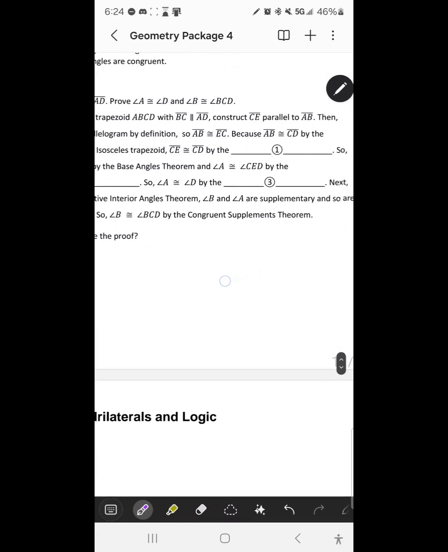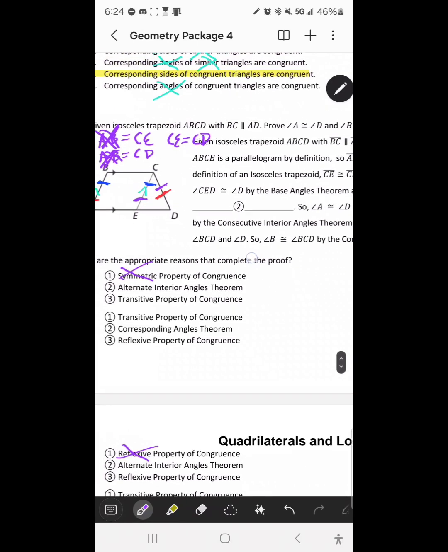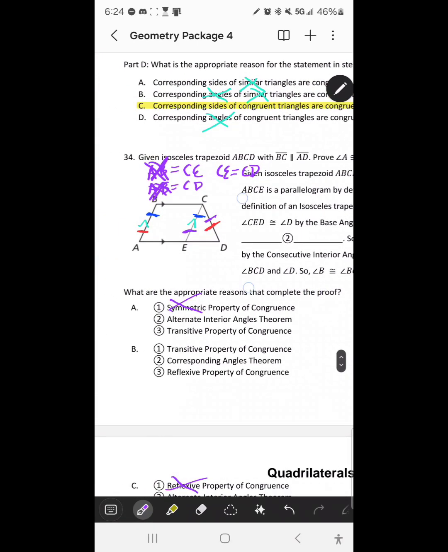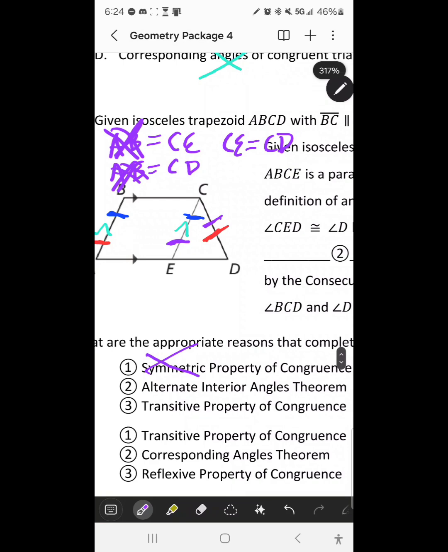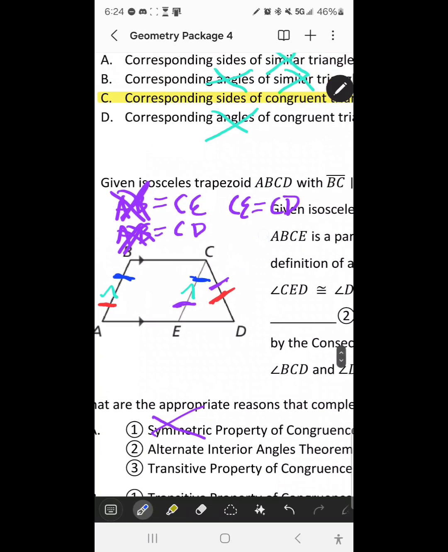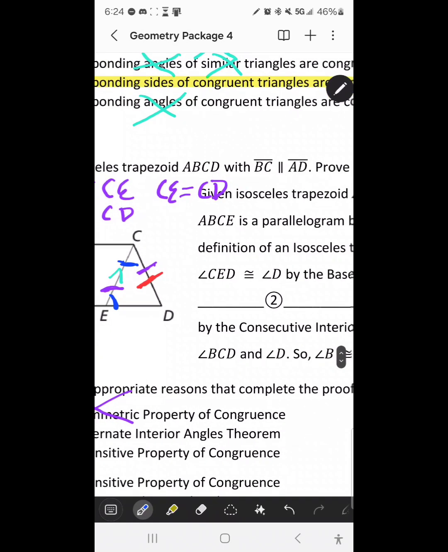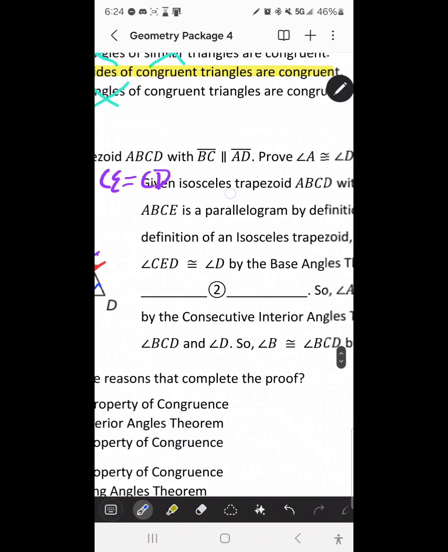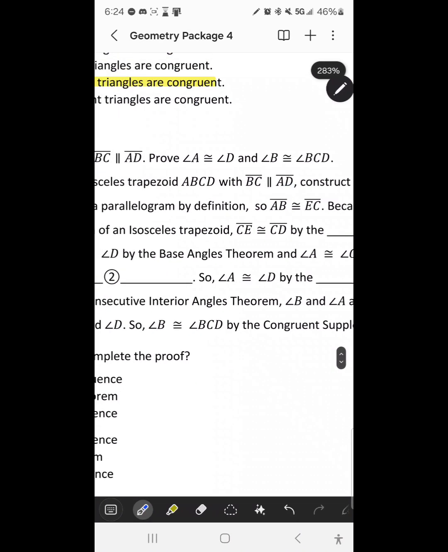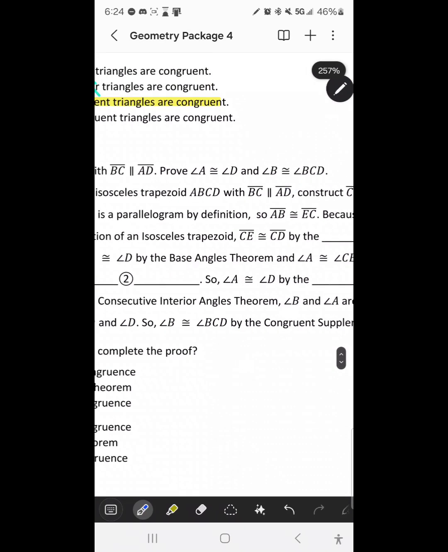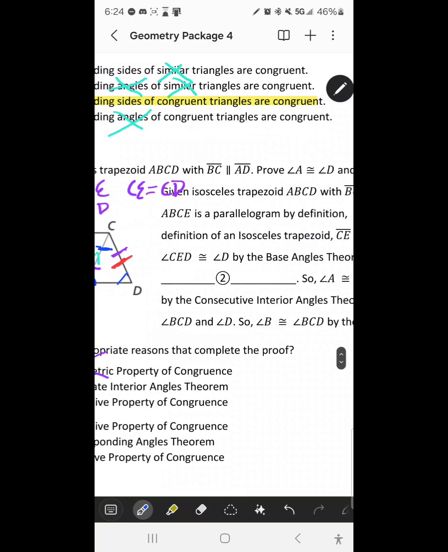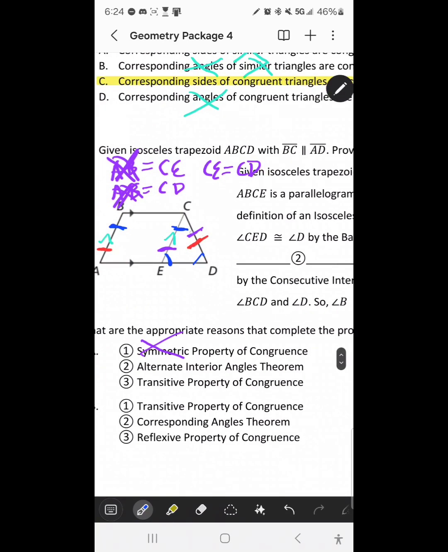Now, let's check. Angle CED is congruent to angle D by the base angles theorem, which is basically, in isosceles triangles, the two sides are equal, so the base angles are equal.